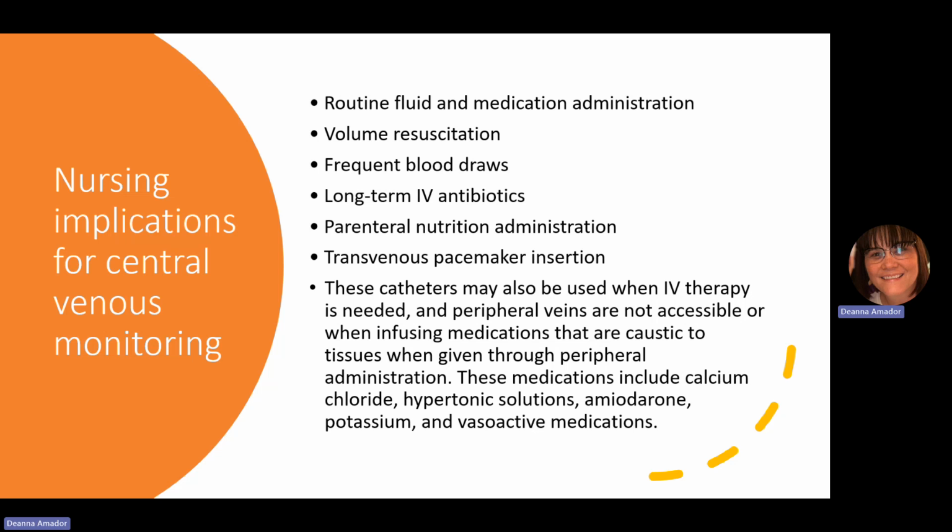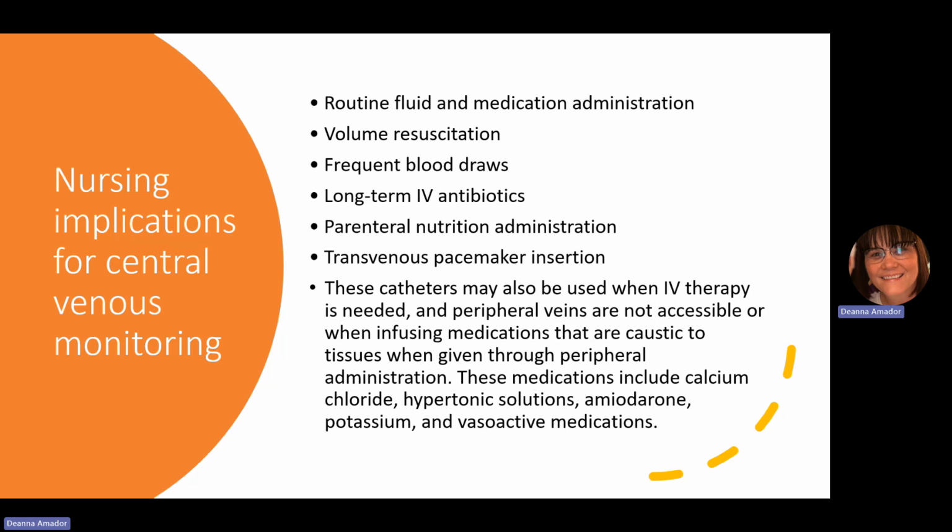Also, we could use that central line to give more potent medication administrations, like your pressors and stuff like that. So we could also use our central line for volume resuscitation, frequent blood draws, TPN. We could use it for transvenous pacers. I mean, all of these make sense.